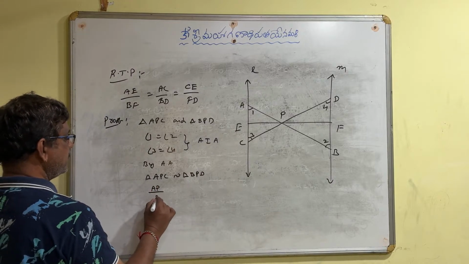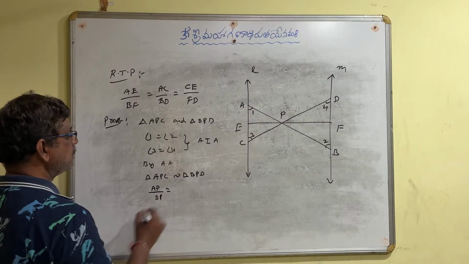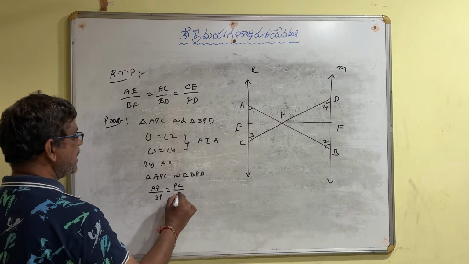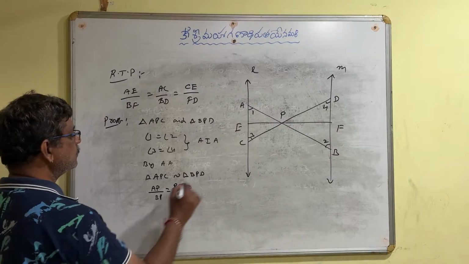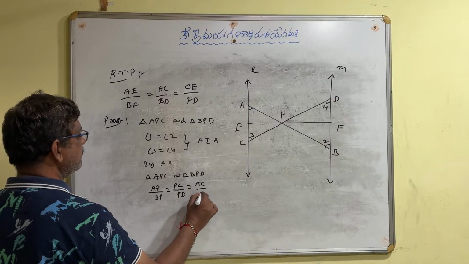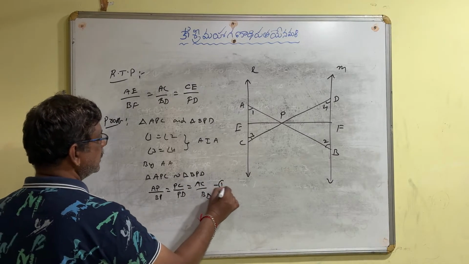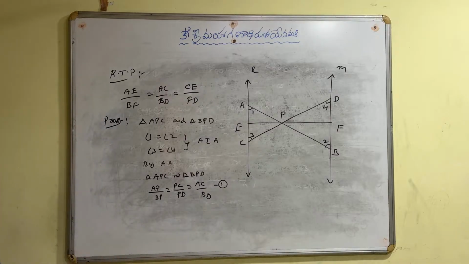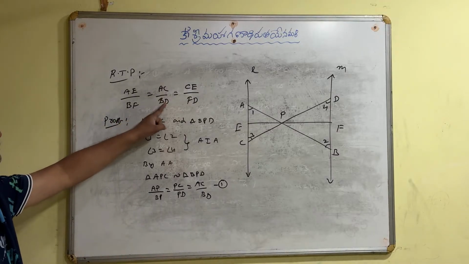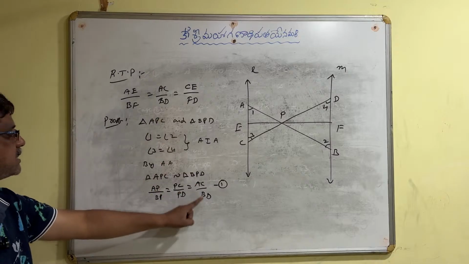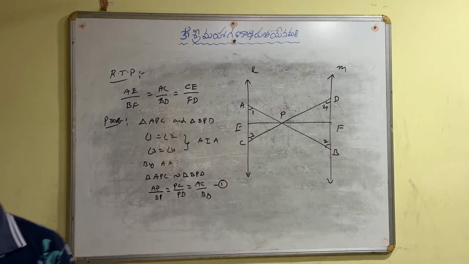AP by BP is equal to PC by PD is equal to AC by BD. Let it be 1. Here, AC by BD is visible. AC by BD. Keep that one in the mind.